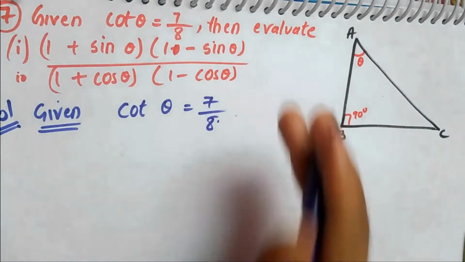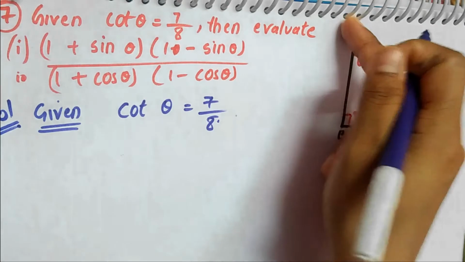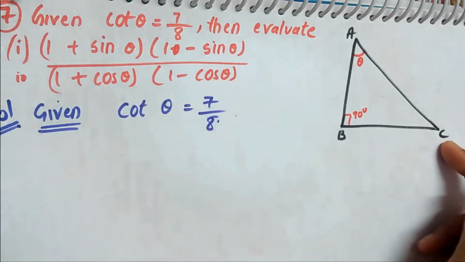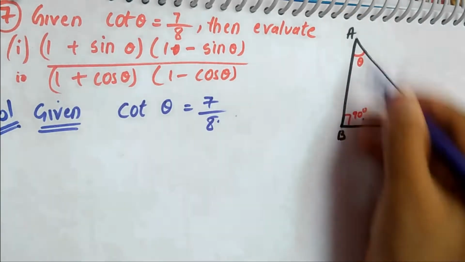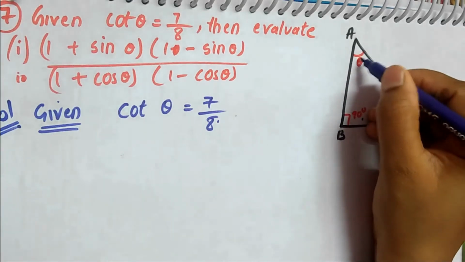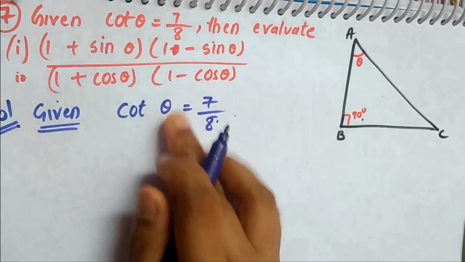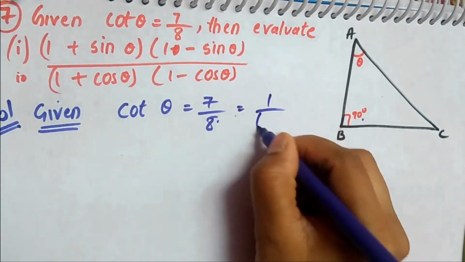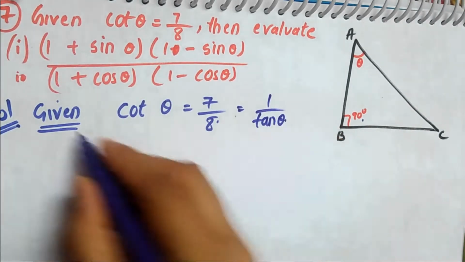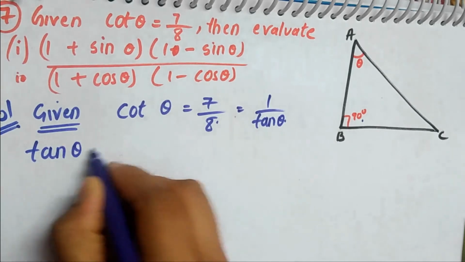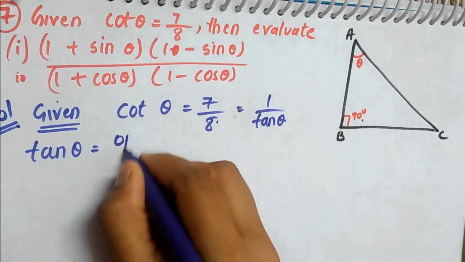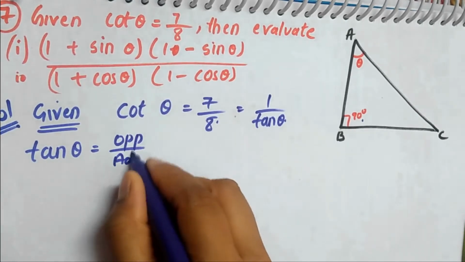Also, what we need to do in the exam is right away draw the right angle triangle. 90 degrees at B, triangle ABC, and from angle A we are taking theta. What is cot theta? Cot theta is nothing but 1 by tan theta. Tan theta is opposite by adjacent, right?